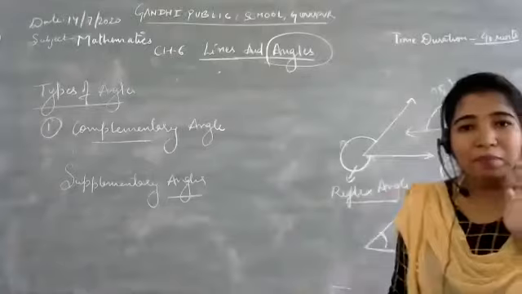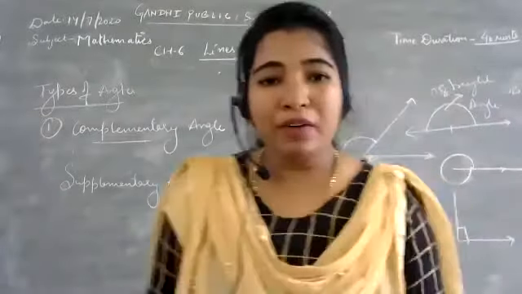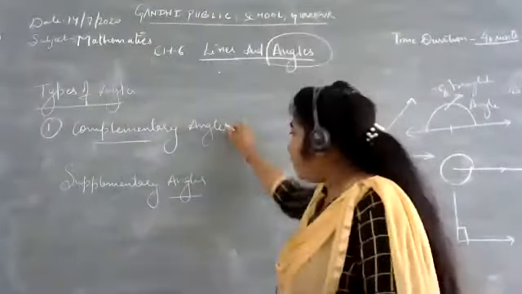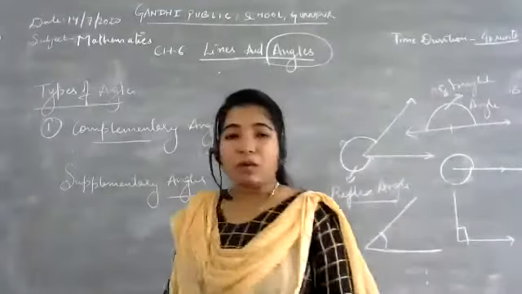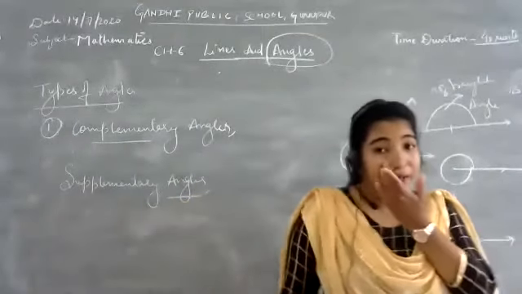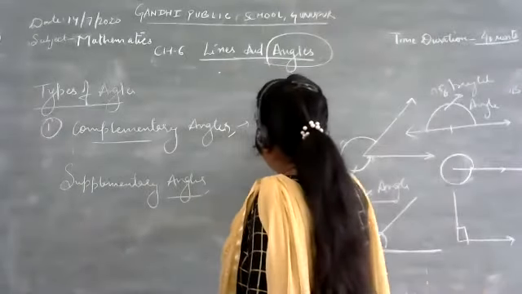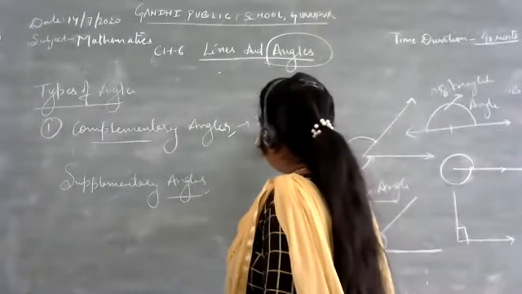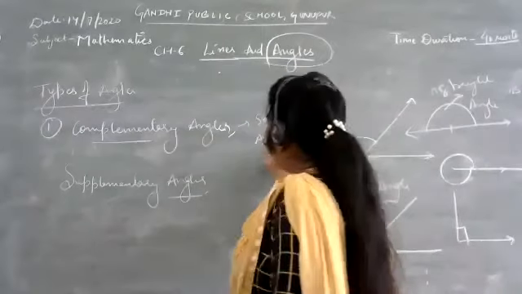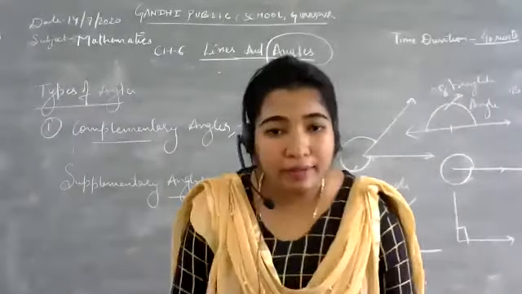You are going to find many questions based on complementary angles and supplementary angles. If the sum of two angles is equal to 90, then they are said to be complementary angles.